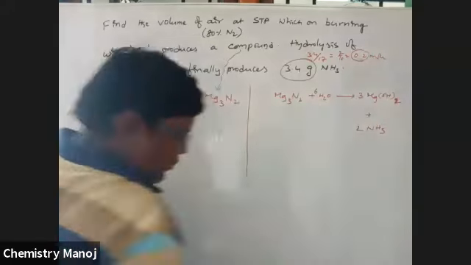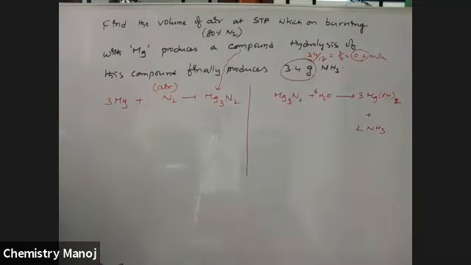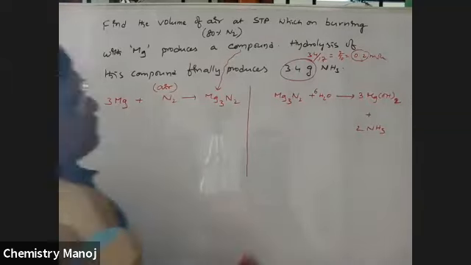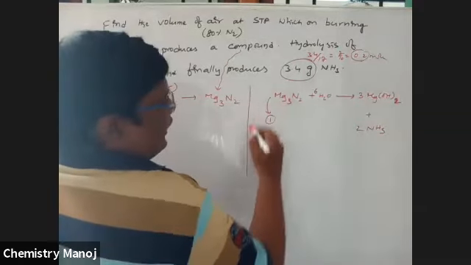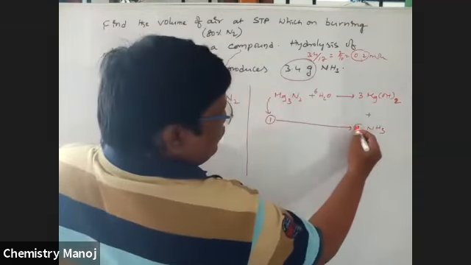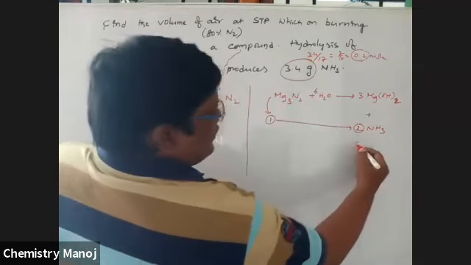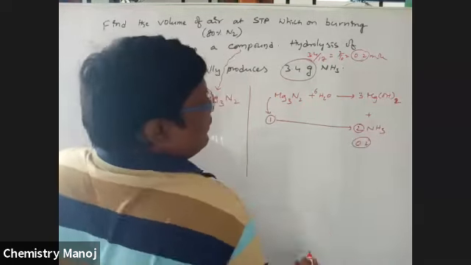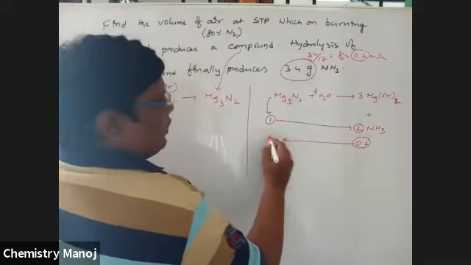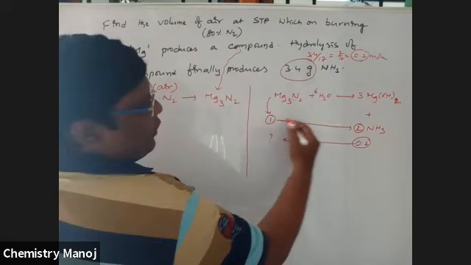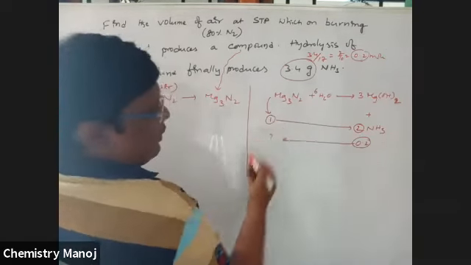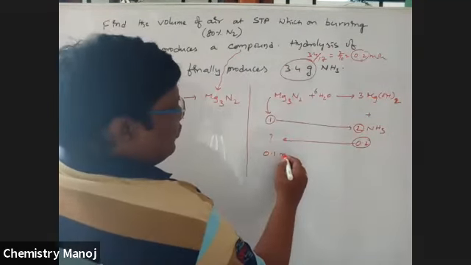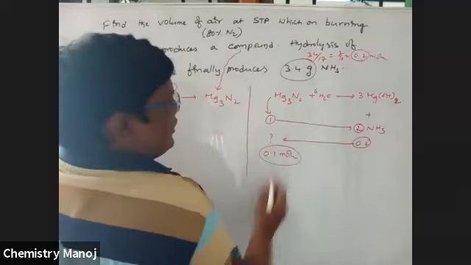So 1 mole of Mg3N2 here produces 2 moles of ammonia. 0.2 moles of ammonia gives how many? 1 mole gives 2 moles, so it is exactly half. It is 0.1 mole of this Mg3N2.